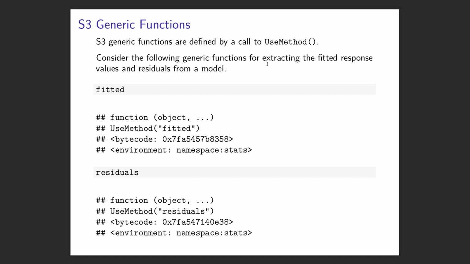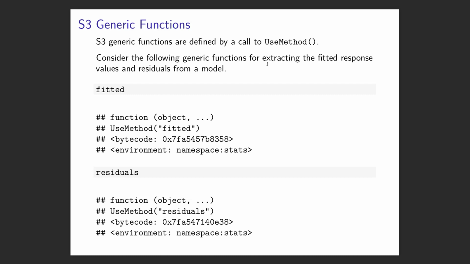If you've worked with linear model objects fitted by lm, you've probably used fitted to extract the fitted values or used residuals to extract the residuals. These are S3 generic functions that will do something a little bit differently depending on what kind of model you fit. There's one method for lm, there's another one for glm, there's another one for, say, an lme object if you fit it using lme or something like that.